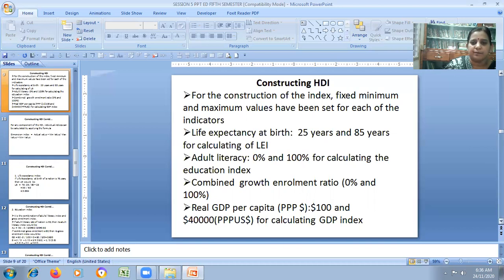Adult literacy: 0% to 100% for calculating the education index. Combined gross enrollment ratio, and then we consider real GDP per capita for calculating GDP index.